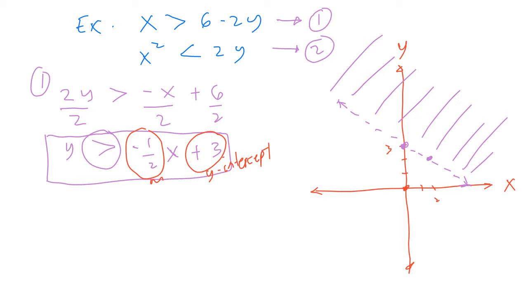Okay, next would be the second inequality. Y is isolated to the right, so we can move that to the other side. So this is the second one. It gives you -2y less than -x².